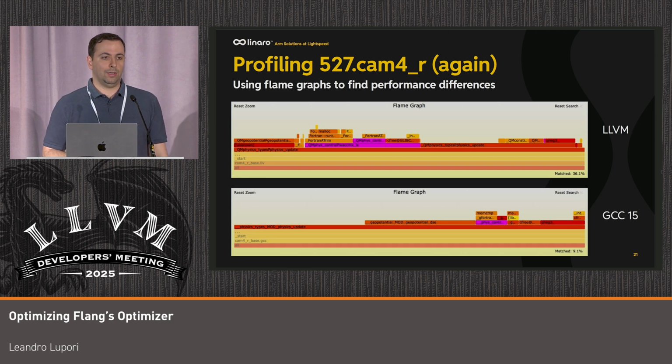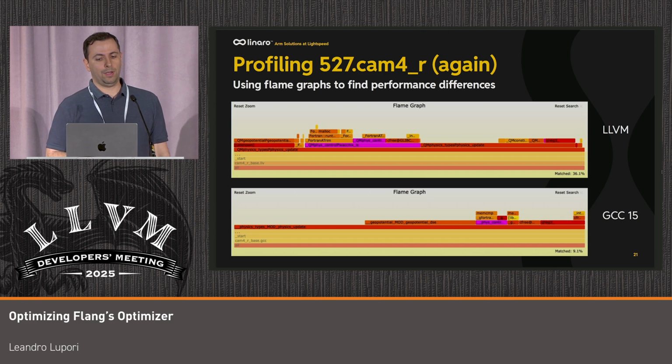Also, the difference in performance between LLVM and GCC for the AR-read-props function had dropped, thanks to contributions from other Flang developers. So I used flame graphs to help identify the functions that had the biggest differences when comparing GCC and LLVM.